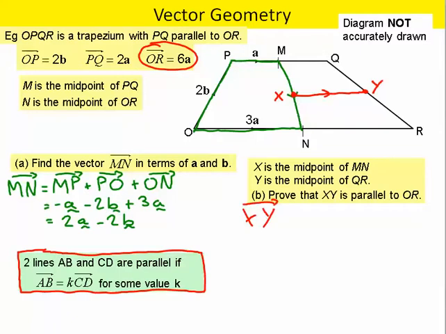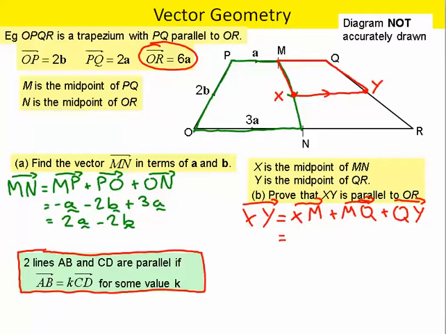One way to do this would be to go up here, across and down. So that would be XM plus MQ plus QY. Now we know MQ is nice and easy. XM is a half of NM, so that's also nice and easy. And QY is the one we need to find because that's part of QR and we don't know anything about QR.